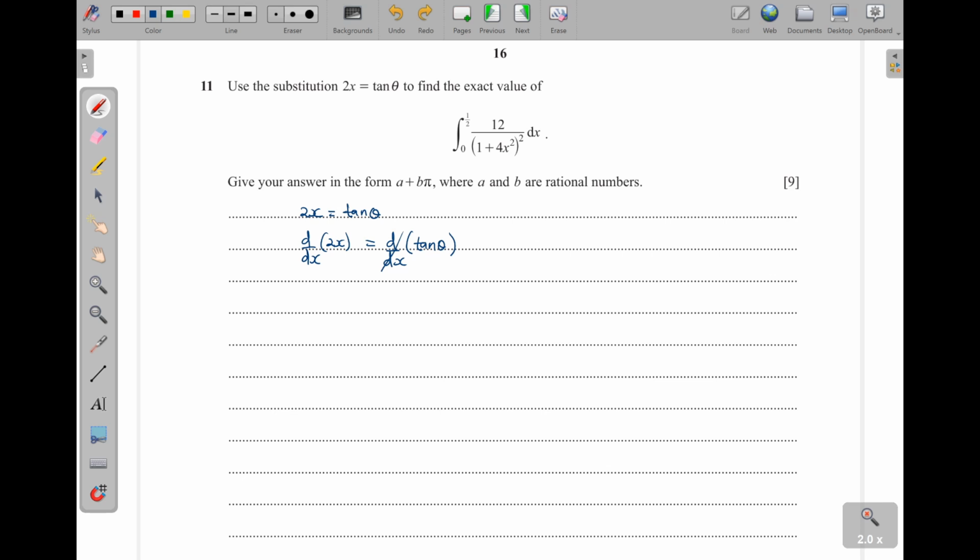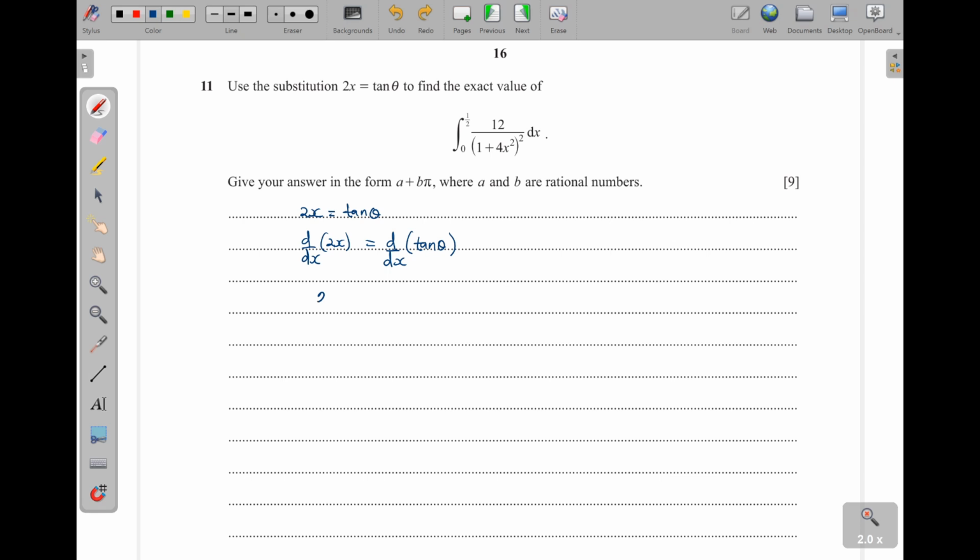Okay, now when I'm differentiating this, because this is implicit differentiation, I will differentiate tan theta with respect to theta. Then after I multiply by the d theta over dx. So it's like this one is going to cancel so that I remain with d tan theta dx. You see that? So that is what we call implicit differentiation.